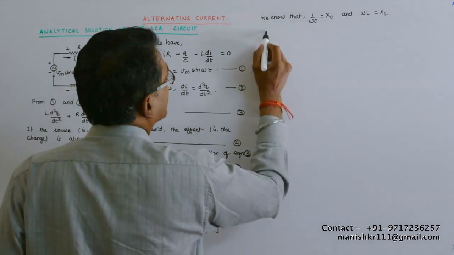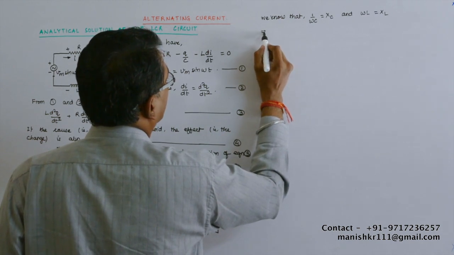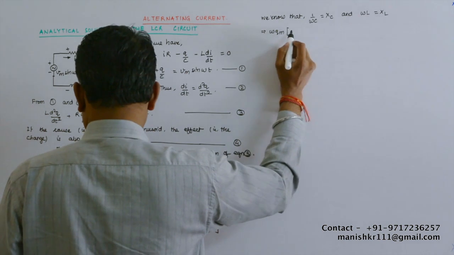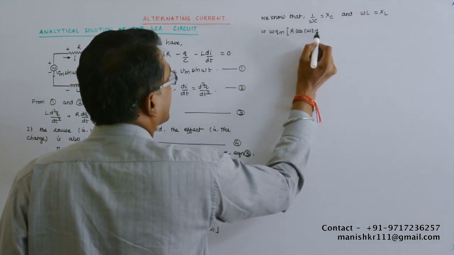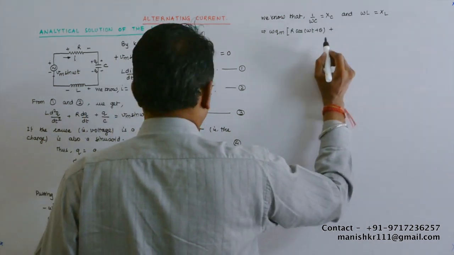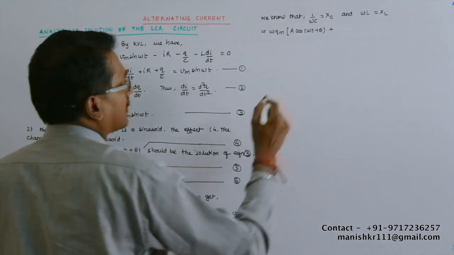It implies that omega qm into r cos omega t plus theta plus this is xc and this is xl.